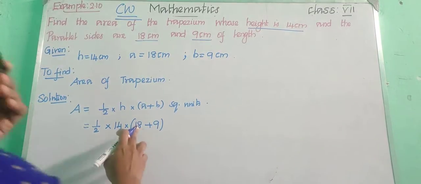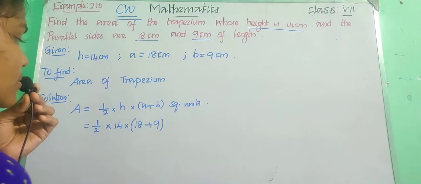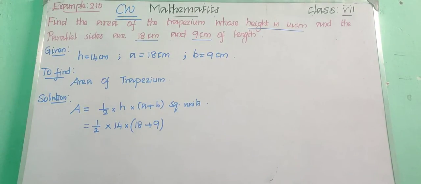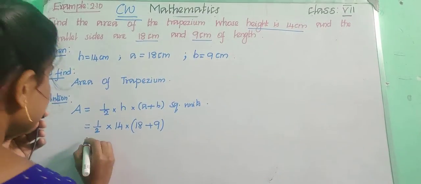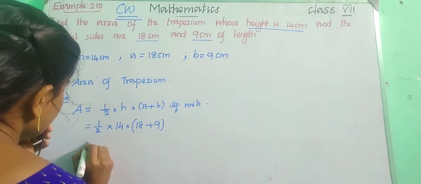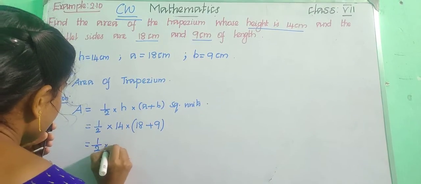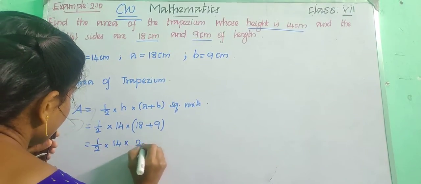So 18 plus 9, what will you get? So now we got 27. 18 plus 9 is 27. So write half into 14 into 27.